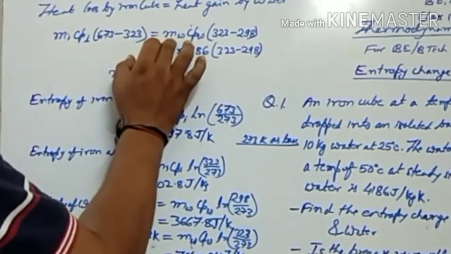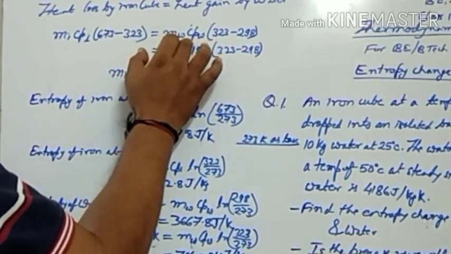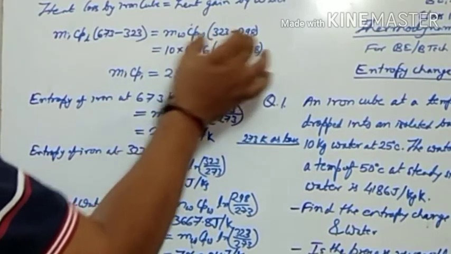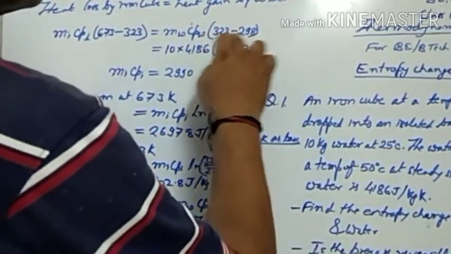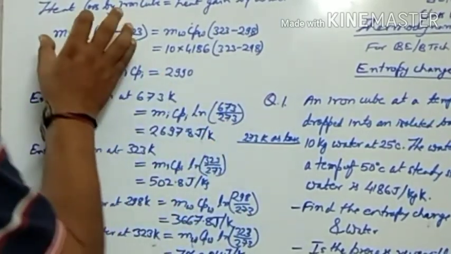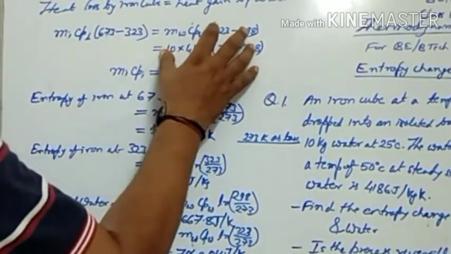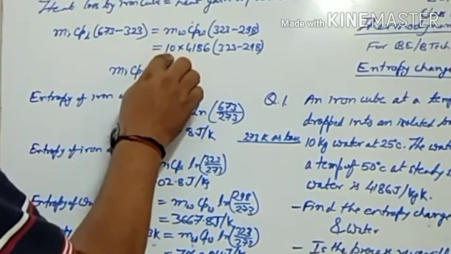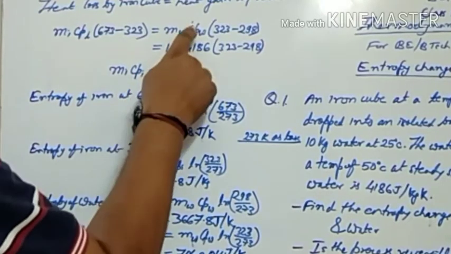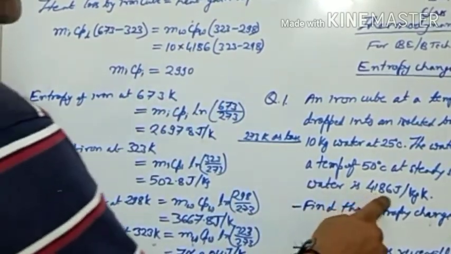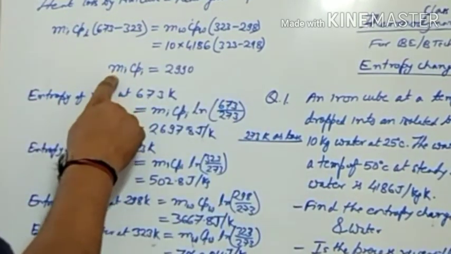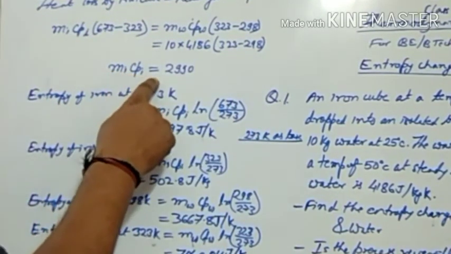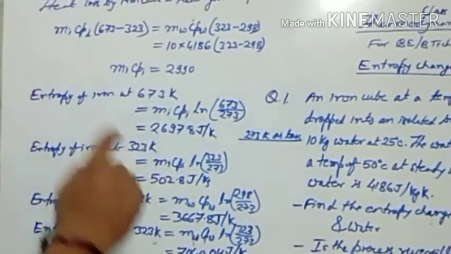Mw is the mass of water, Cpw is the specific heat of the water, and the temperature change is 323, the final temperature, minus 298. Whatever heat is given out is taken by the water. Substituting the mass of 10 kg and the specific heat of water, 4186 joules per kg Kelvin, we come to know MiCpi is equal to 2990.